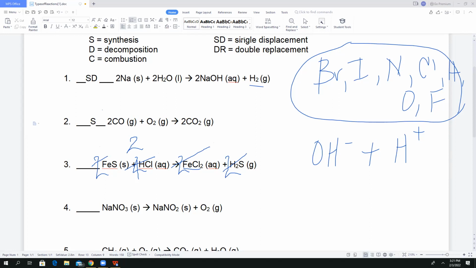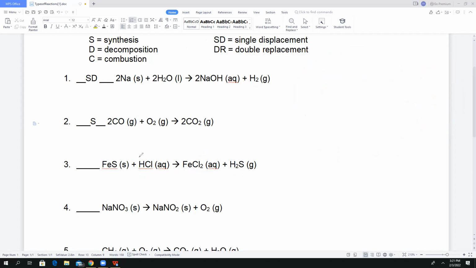So one of the things that you always want to be careful with is when you're balancing, you got to make sure that you are, let me clear all this junk here. Okay. That you always want to do the most complicated one first, which is this one in this case. And we could see that we needed a 2 in front of the HCl, right?